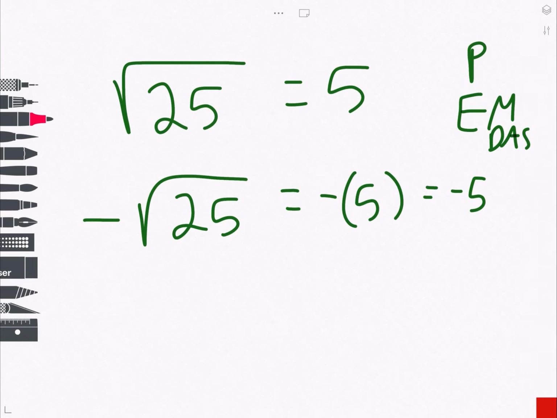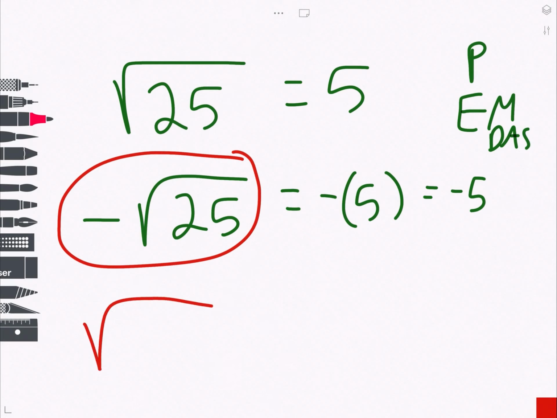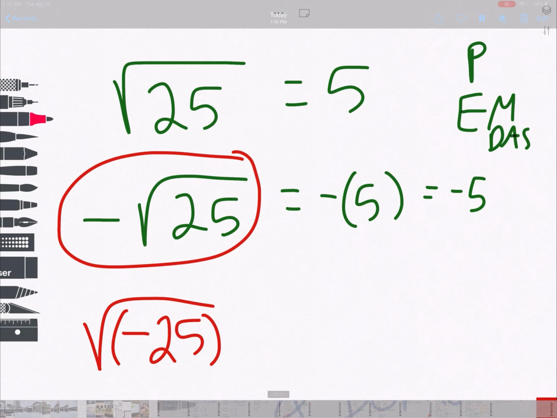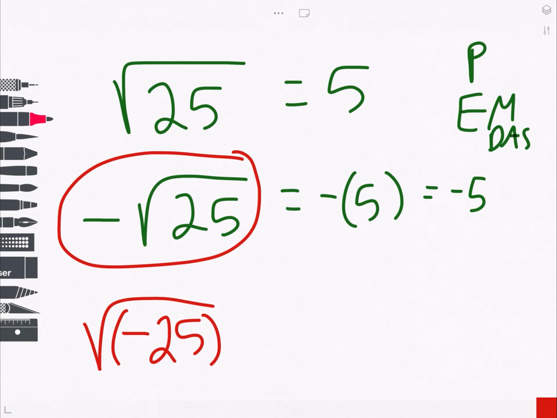So if that negative is outside, you do the square root, and then you can just take the negative of that answer. If the negative is inside, though, if we took the square root of negative 25, we would do parentheses first, so we would do the negative 25 first, try to take the square root of that, which you can't. It's not a real number. So on some of the questions, it'll just have you say it's not a real number.